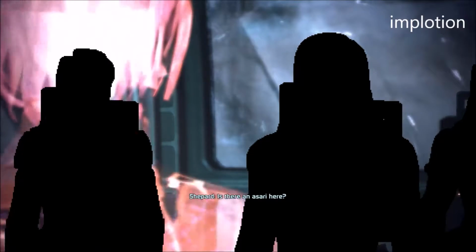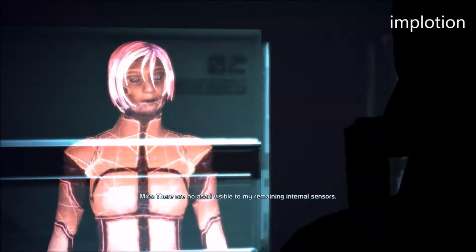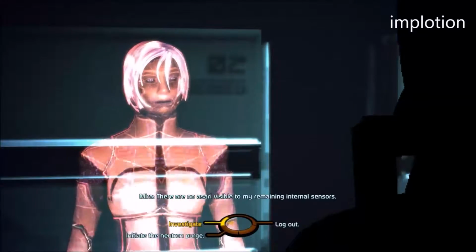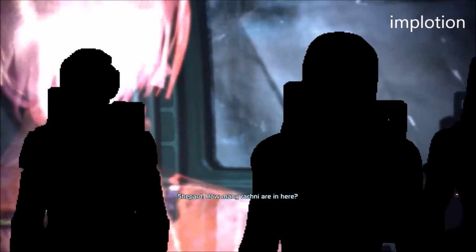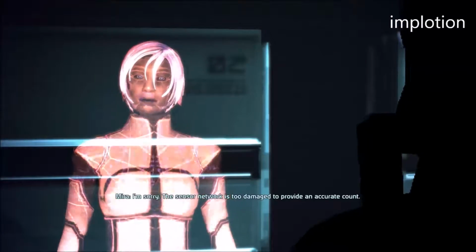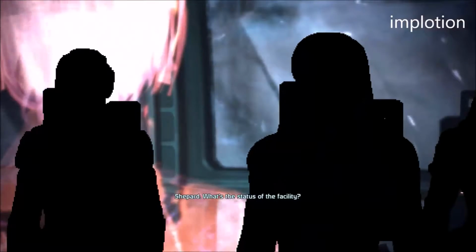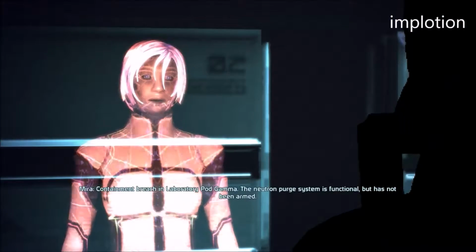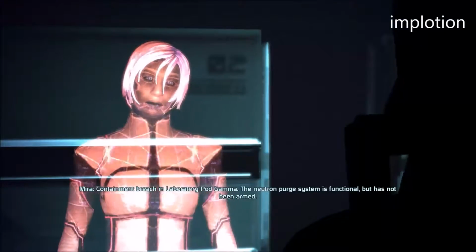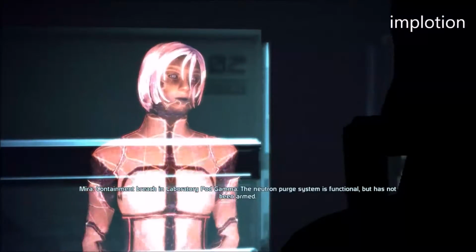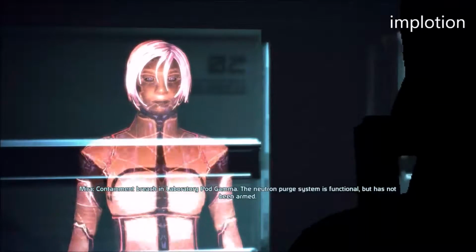Is there an Asari here? There are no Asari visible to my remaining internal sensors. How many Rachni are in here? I'm sorry, the sensor network is too damaged to provide an accurate count. What's the status of the facility? Containment breach in Laboratory Pod Gamma. The neutron purge system is functional, but has not been armed.